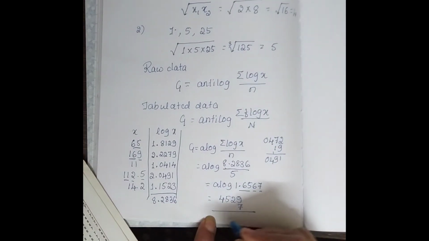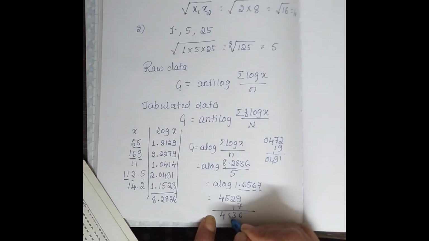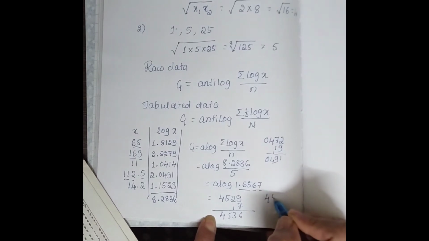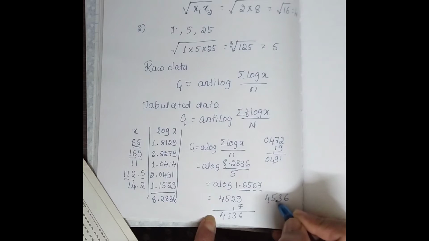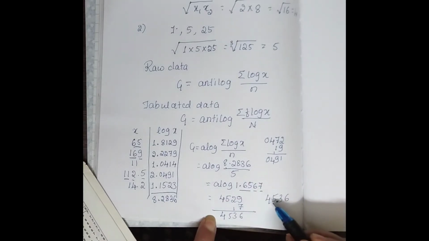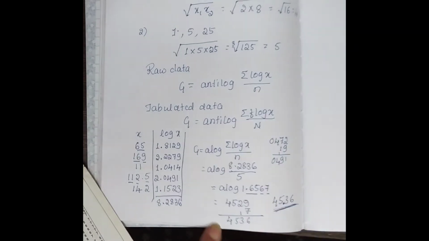Then you are getting 9 plus 7, that is 16, so 4, 5, 3, 6. But since it is 1 point, we have to put the point after 2 digits. The answer is 45.36.